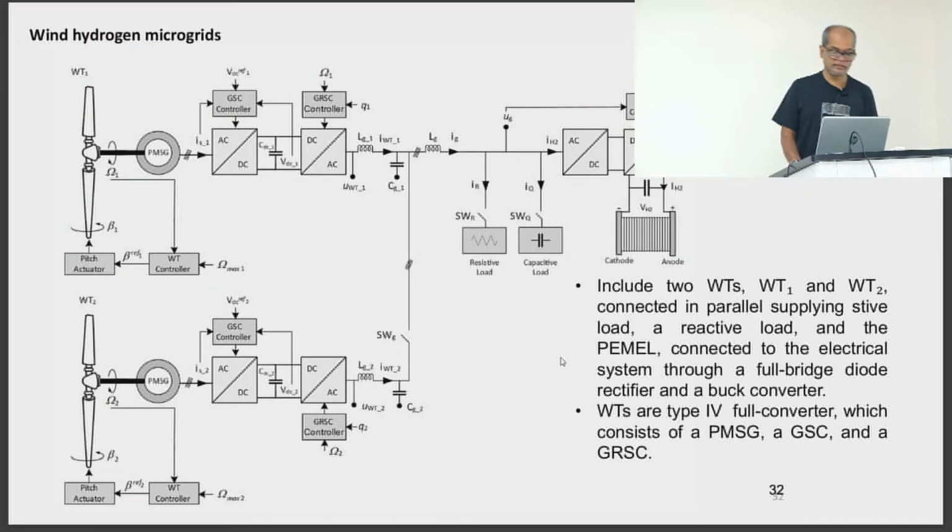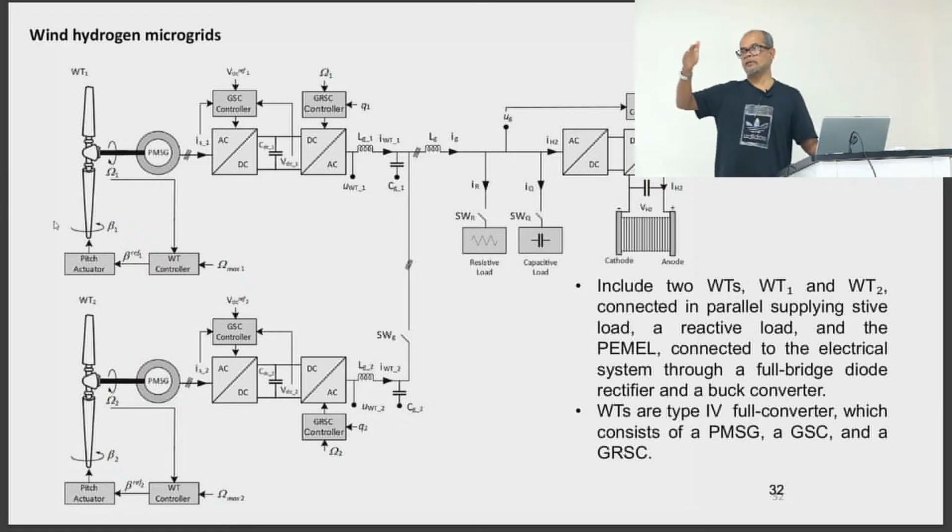So this is one example of wind, hydrogen, you can say microgrid, or it could be grid connected as well. So here you can see that we have two wind turbines. As I mentioned, we need a pitch controller to control the pitch depending on the wind variation or wind direction.